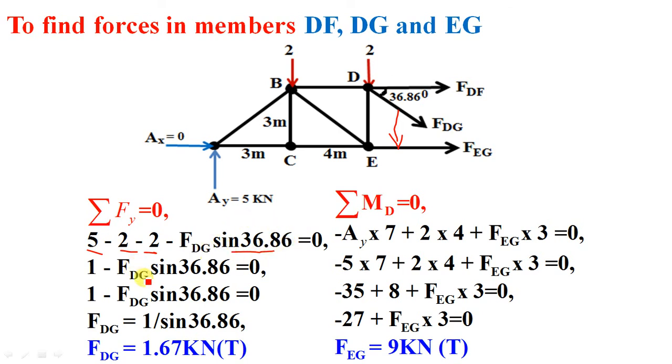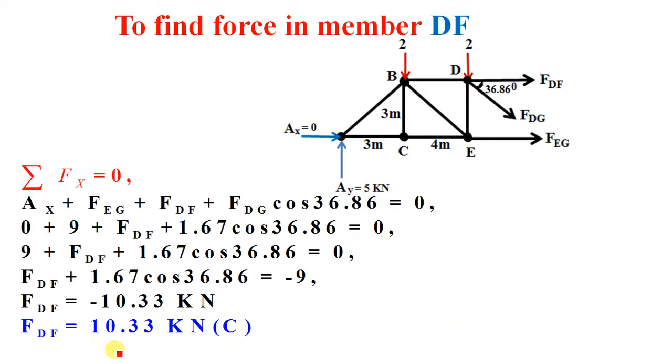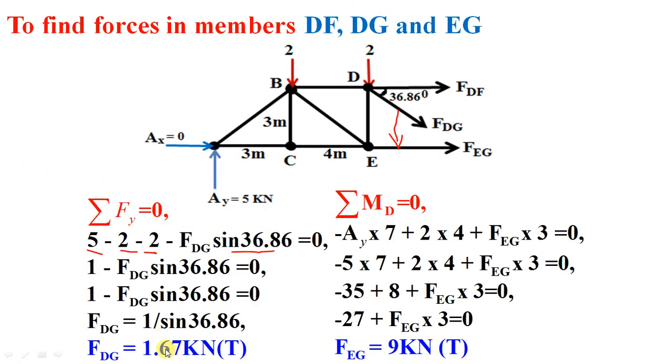After solving this, you will get the value of F of DG as 1.67 kilonewton. It is positive, so it is tensile.